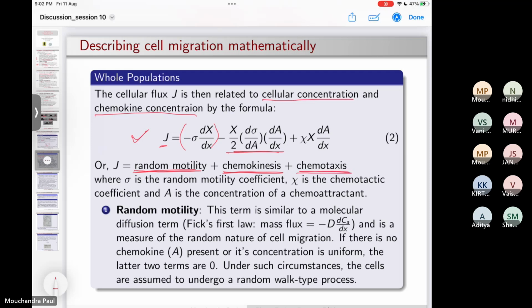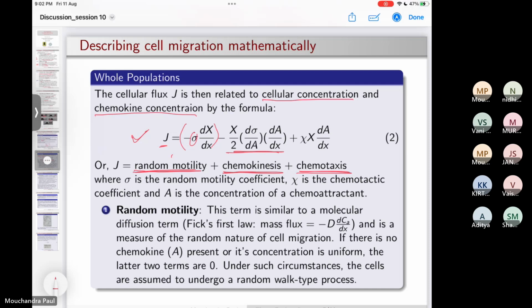We have already looked into chemotaxis in the previous class. I described that there are various modes of cell migration, and one mode is chemotaxis, which happens in the presence of a concentration gradient of a chemokine or chemoattractant molecule. Now observe this equation, you will see some coefficients or constants.